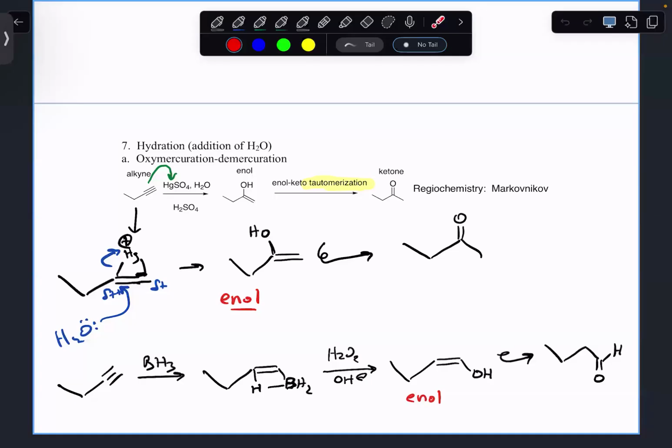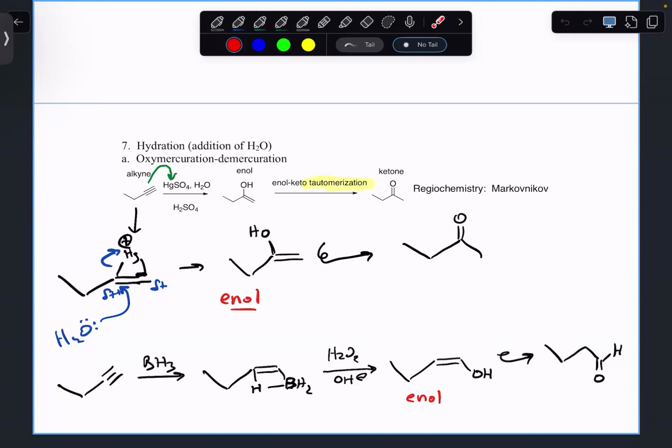You can do it with boron reagents if you want to get the OH of the water in the anti-Markovnikov position, just like alkenes. The only difference here is that because of the nature of the alkyne, if you put an OH group, you still have a pi bond there, right? And that makes this a special type of molecule that we call an enol.